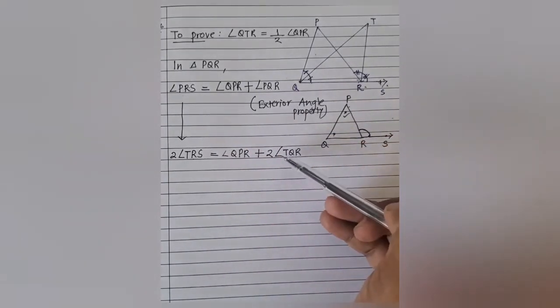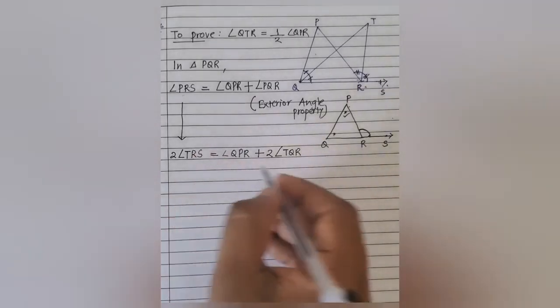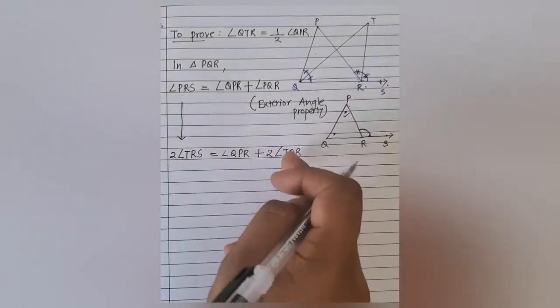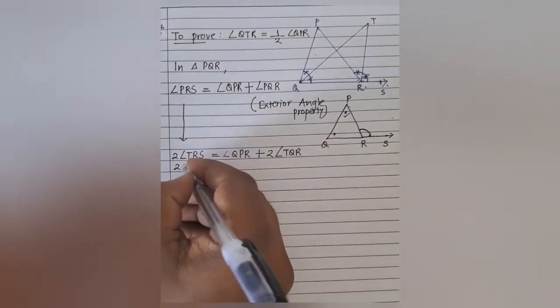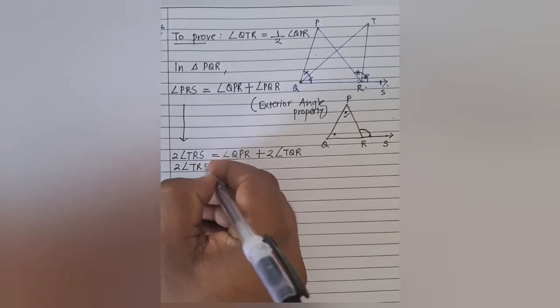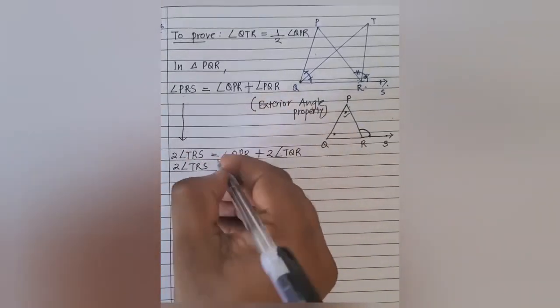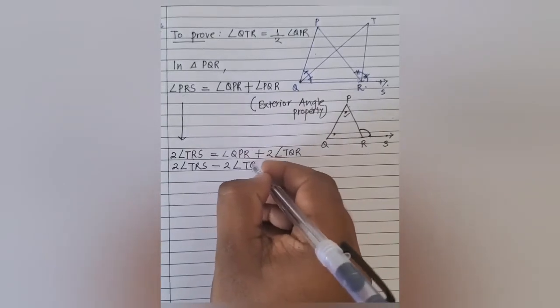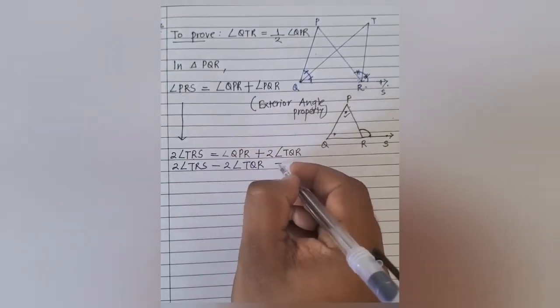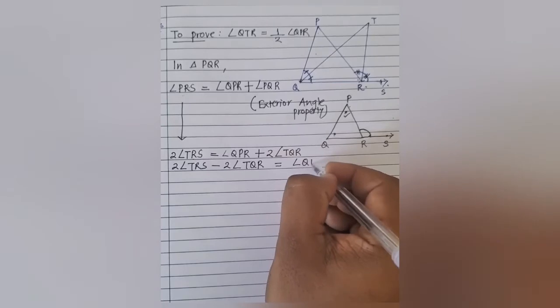Now if I try to solve it further, if I bring this 2 times TQR to the other side, what do I have? 2 times TRS, and this comes to the other side, it becomes minus 2 times TQR is equal to QPR.